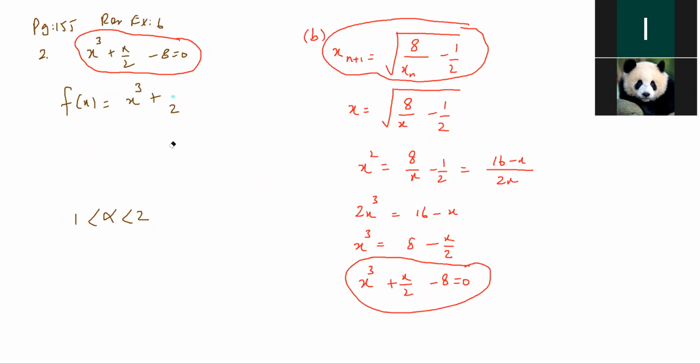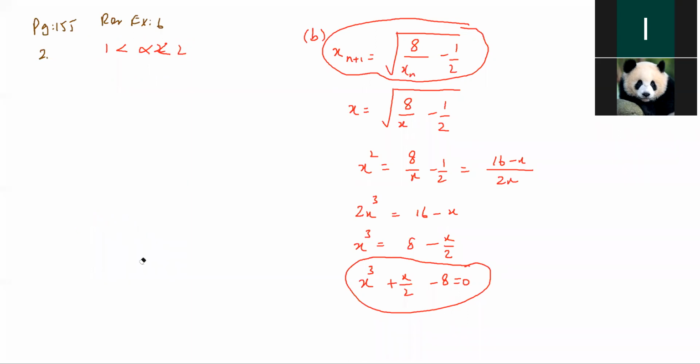I'm just keeping that alpha is between 1 and 2. So we know that alpha is between 1 and 2. I'll be using this. Why am I keeping this, alpha is between 1 and 2?